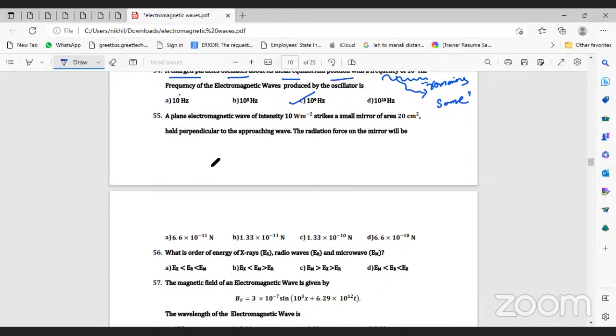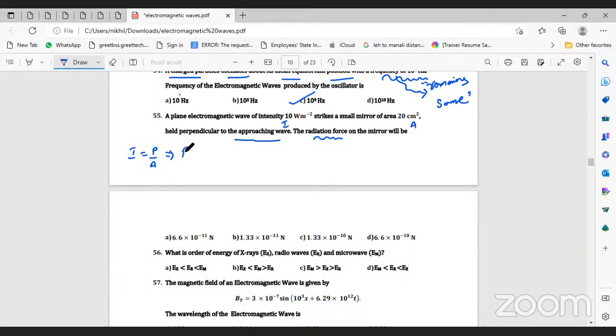Coming to this. A plane electromagnetic wave is having intensity I, 10 watt per meter square. That strikes a small mirror of area 20 centimeters square, kept perpendicular to the approaching wave. The radiation force on the mirror is? Now, you know that the intensity is nothing but power divided by area.